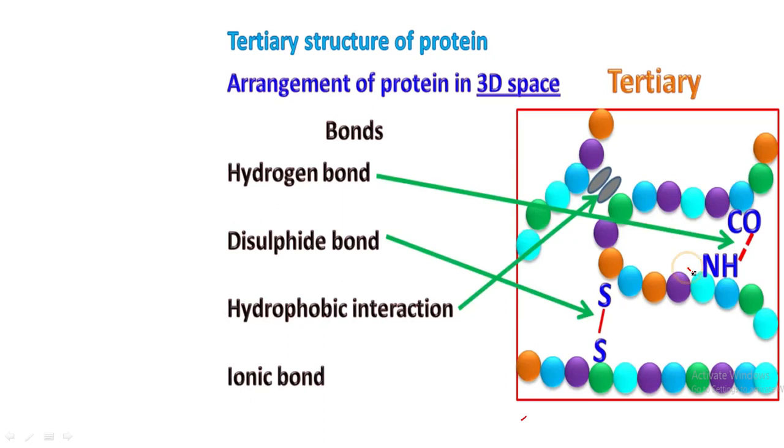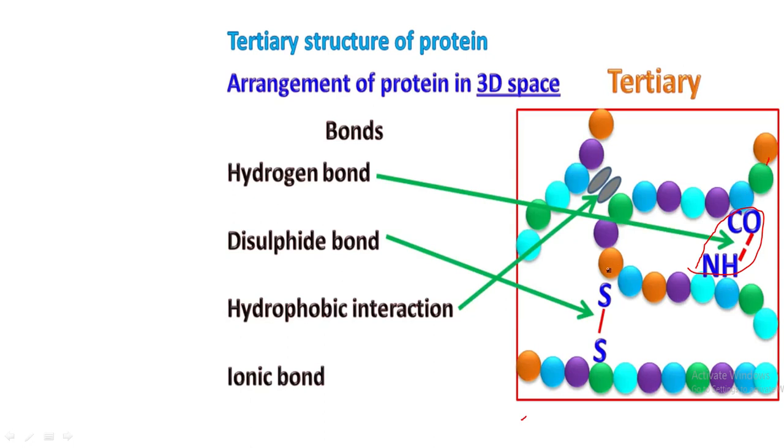Look at this one. These are the peptide linkages. These are amino acids, these are amino acids, and these are making a helix type of structure. Among these peptide linkages, hydrogen bonding is the force that is stabilizing them.